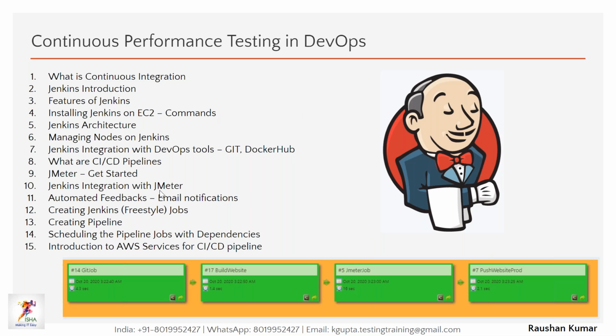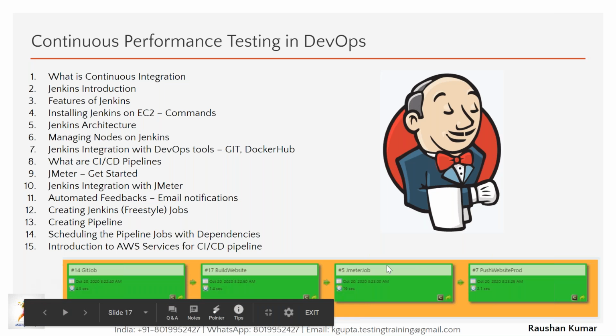What is the CI/CD pipeline? And we're going to talk about JMeter jobs. We're going to create a JMeter job. This is one of the screenshots I have taken from one of my courses, and we are building this kind of pipeline.